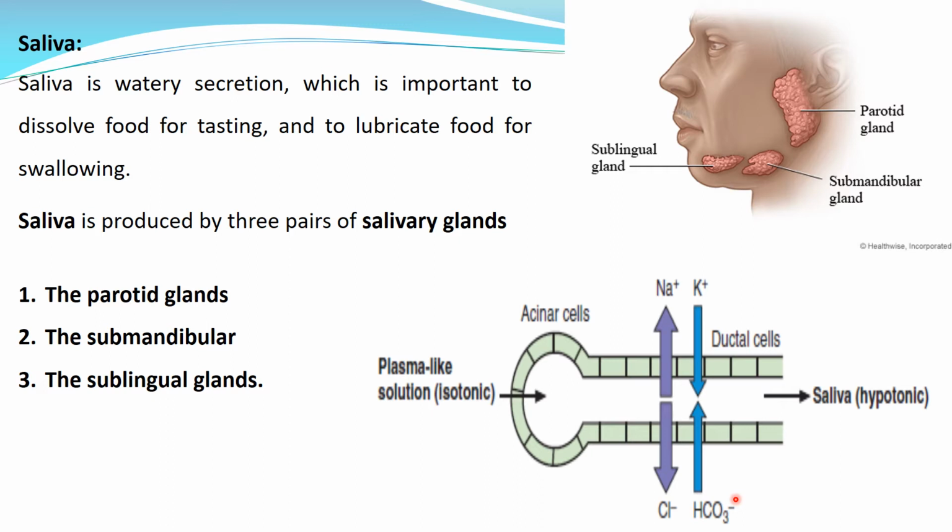So at the end of the day, the saliva becomes a hypotonic solution, and the texture of the saliva can be affected by some factors such as the nervous system. In the case of fear or anxiety, the saliva becomes thicker compared to a normal physiological process.